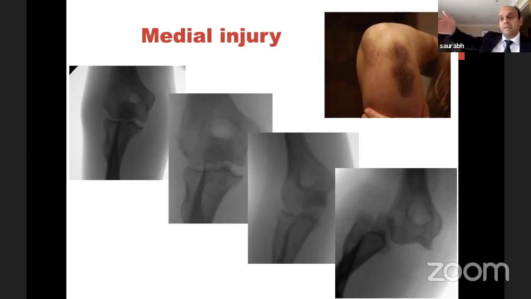Now, remember, I don't know if I can show you with my arm here. Whatever activities we do, we are always giving a varus stress to the elbow. A varus stress to the elbow means the MCL always heals up. Whereas when I'm giving a varus stress, I'm stretching my lateral ulnar collateral ligament. LUCL tends not to heal up.